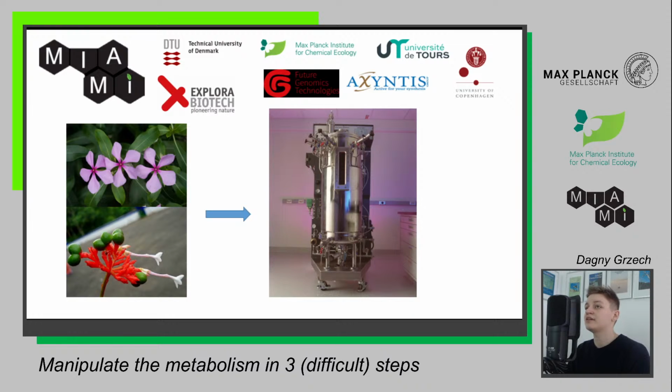So basically, we're trying to get the biosynthetic pathways to go from the plants into the bioreactors and then possibly further to the industry, so that we can get some useful compounds in good yields, and perhaps lower the price of these useful compounds for the people and the institutions that need them.